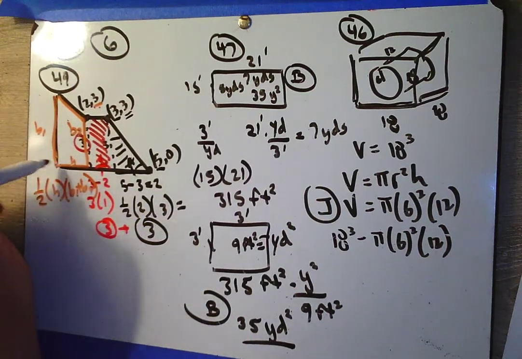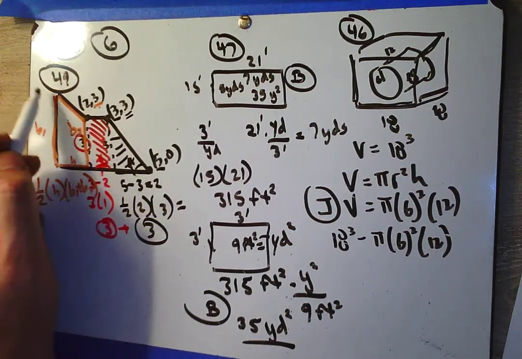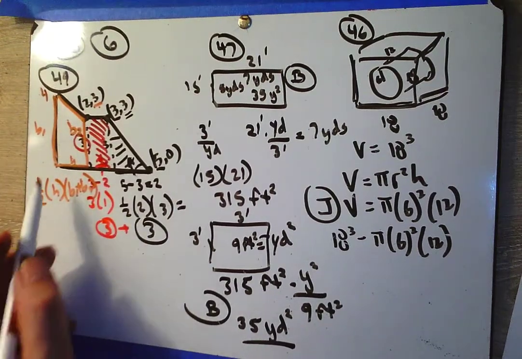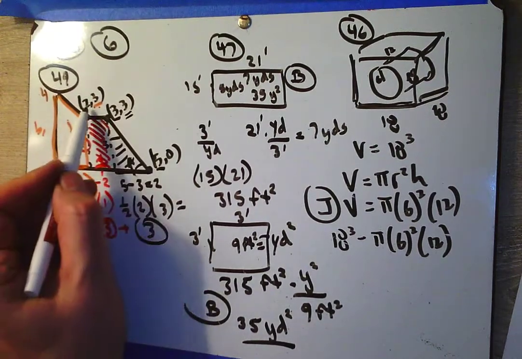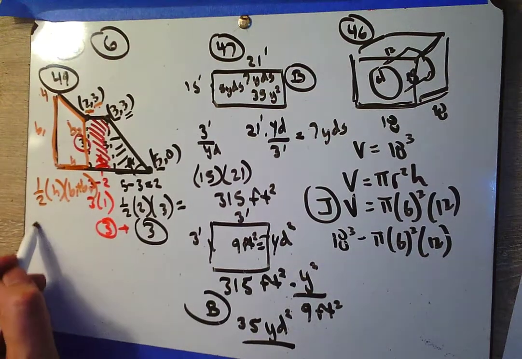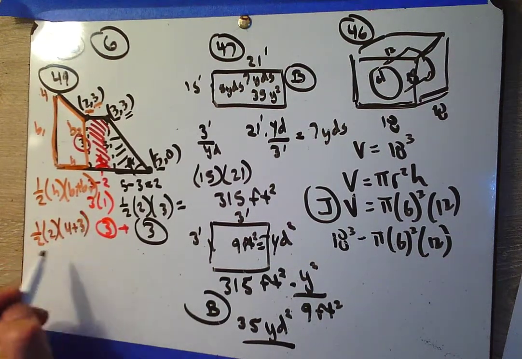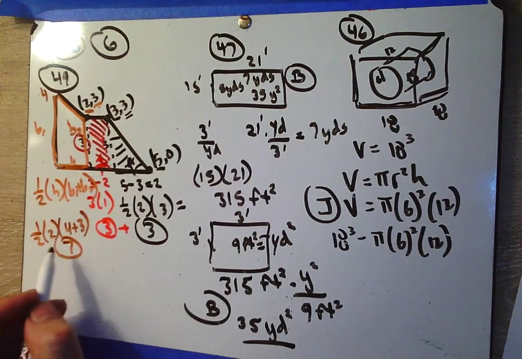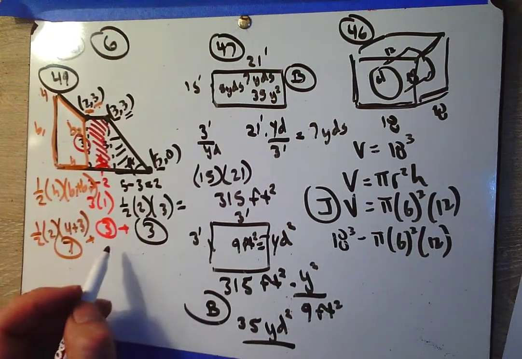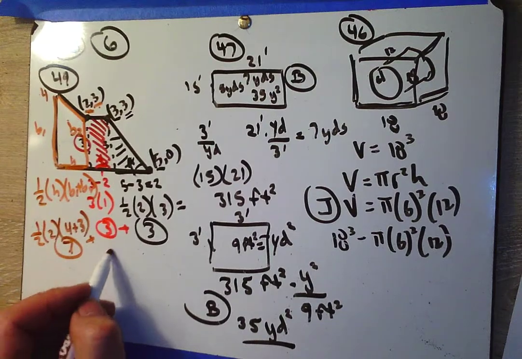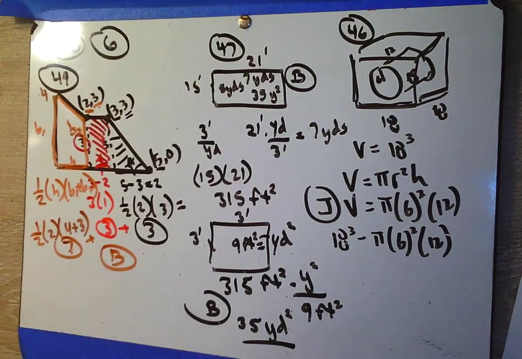What about base 1? From the picture, I see that the value here is 4. And the height is this distance, which is that x value. So I've got 1/2 times 2 times (4 plus 3), or 7. 7 plus 3 plus 3 is 13, which is why B is my answer to 49.